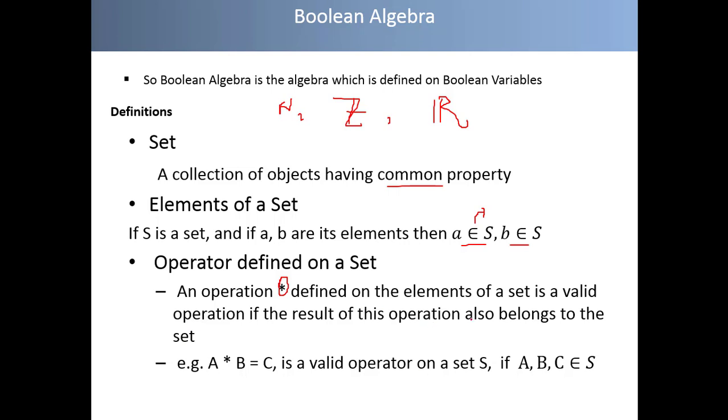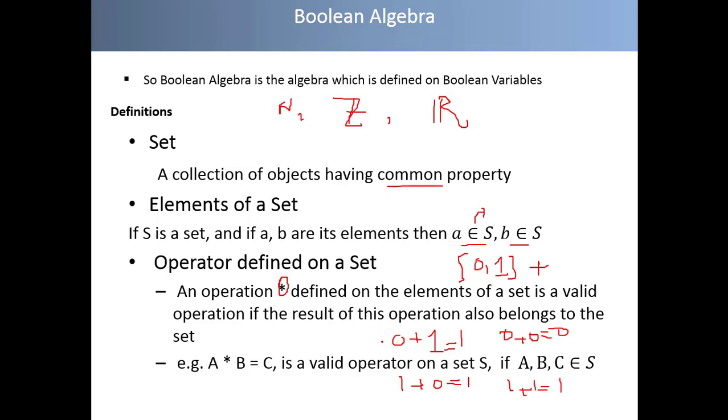So if we have a set of binary integers 0 and 1, and we have an operator plus, then 0 plus 1 is equal to 1, 1 plus 0 is equal to 1, 0 plus 0 is equal to 0, and 1 plus 1 is equal to 1.